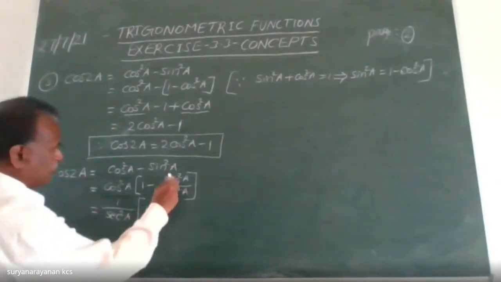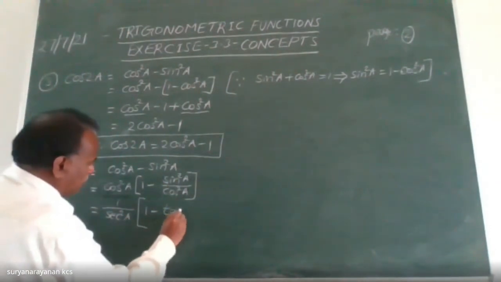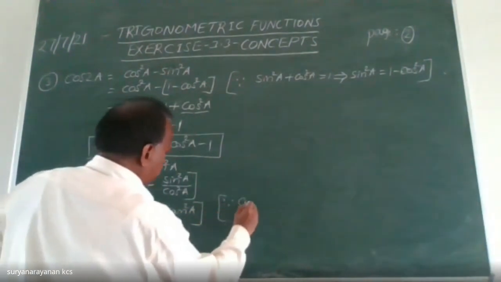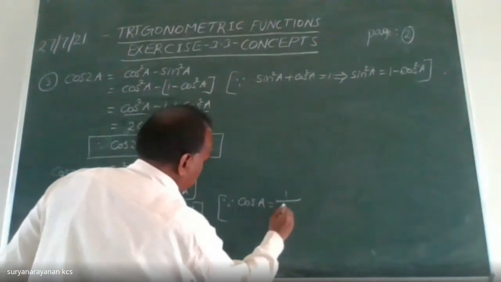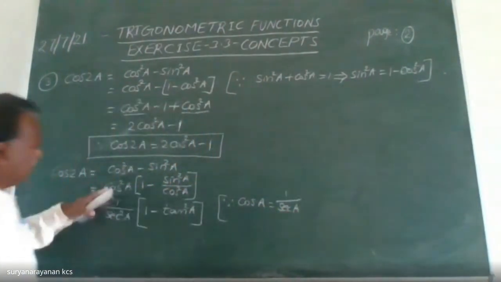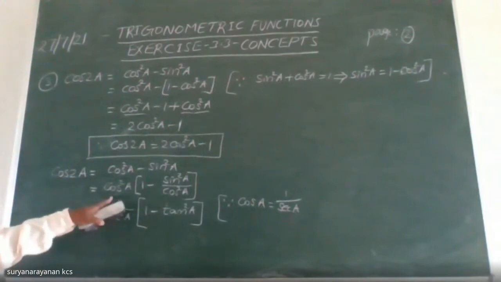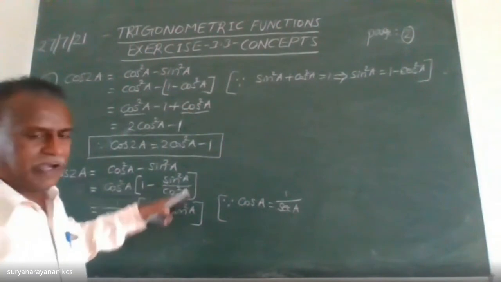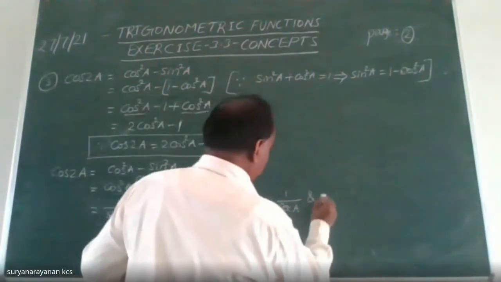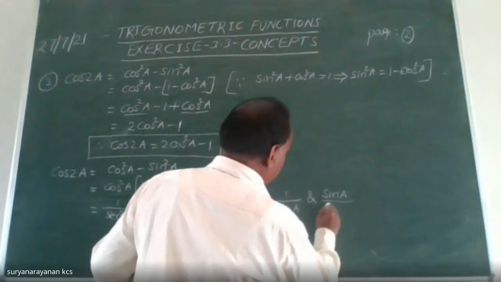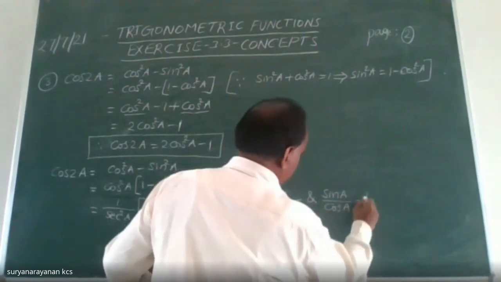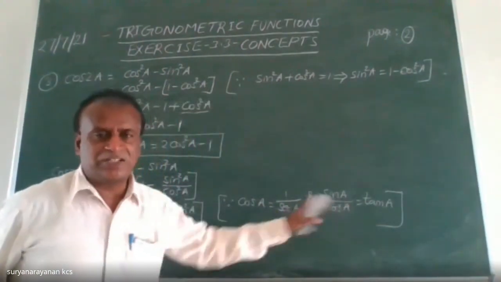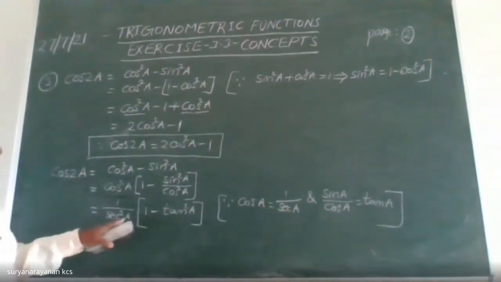Into 1 minus sin A by cos A. Because cos A is written as 1 by secant A, so cos square A can be written as 1 by secant square A, and here sin A by cos A. By using these two results, I wrote this step.